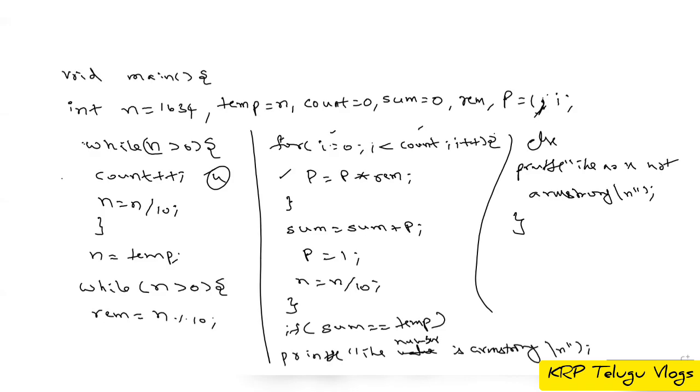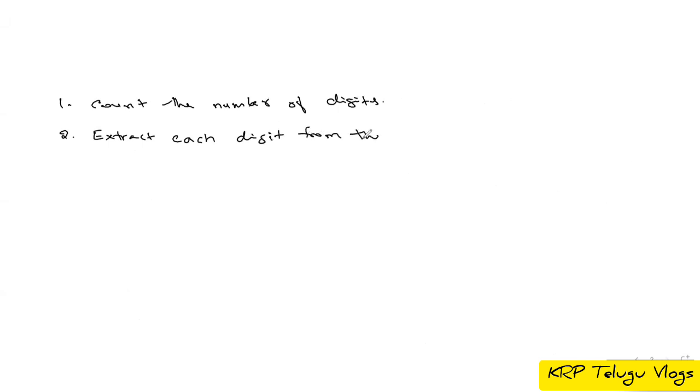So now, what is the first point? What are we doing? Count the number of digits. Next, extract each digit from the number.